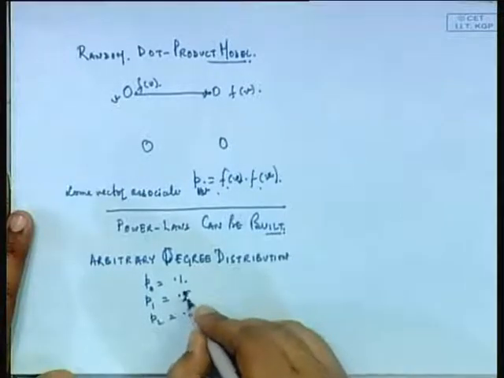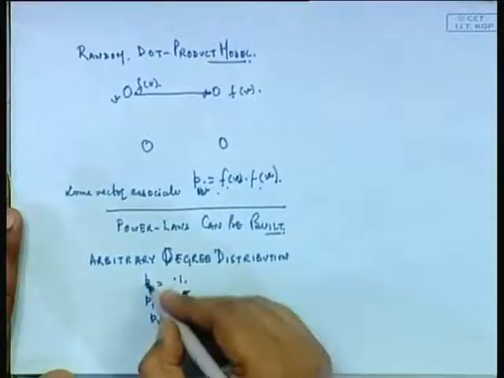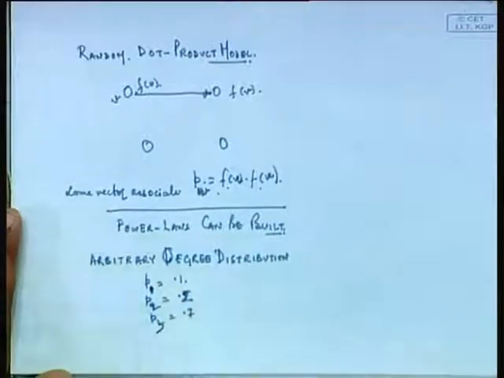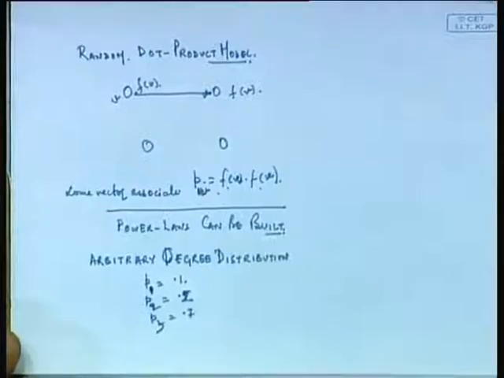So, the probability that nodes have degree 1 is 0.1, degree 2 is 0.2, and degree 3 is 0.7.